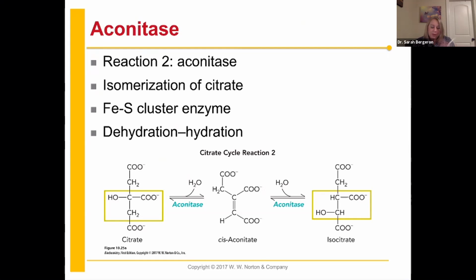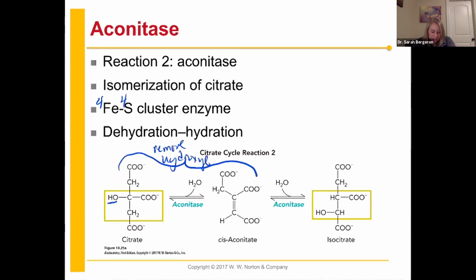And so inside of this enzyme, we have a 4-iron and a 4-sulfur cluster in order to facilitate this reaction. And so what you'll notice is that you have kind of a twofold mechanism that's going on here. In the first half of our reaction, we're going to remove a hydroxyl.